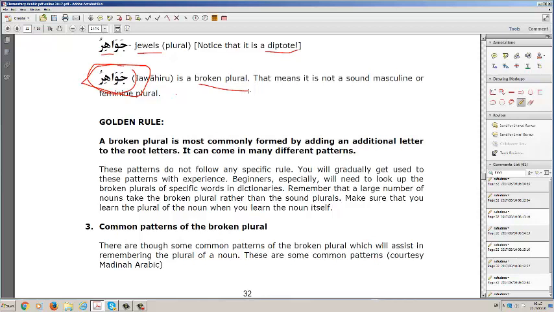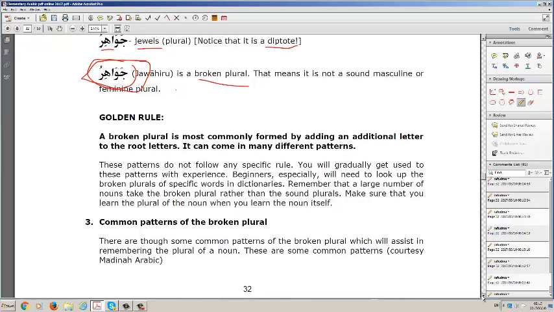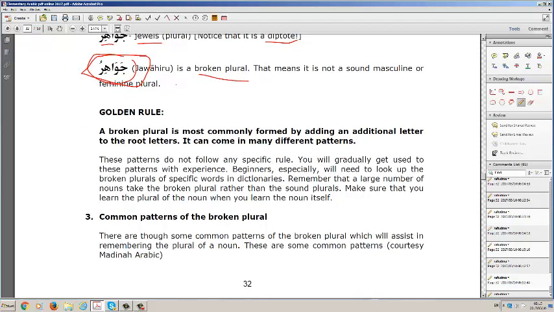You just have to learn them via memory. There's no other way, especially in the beginning. Once you really get used to the language, you can maybe then suss out, okay, this might be the plural of a particular word, but at this particular stage, you just have to memorize these broken plurals.